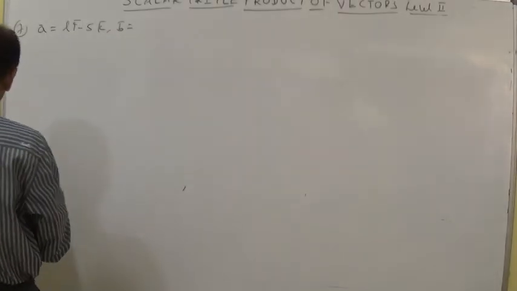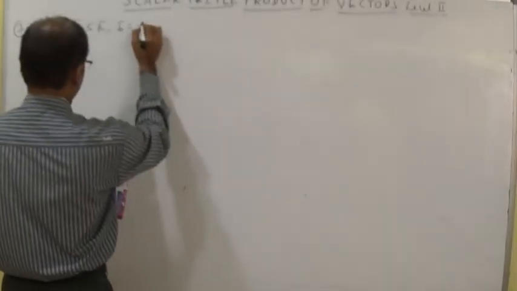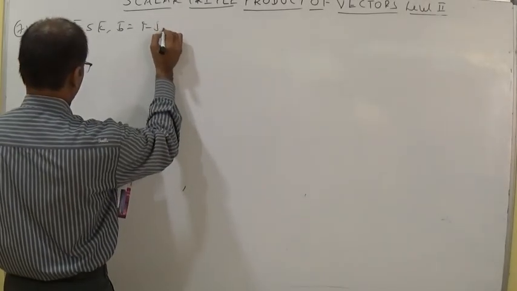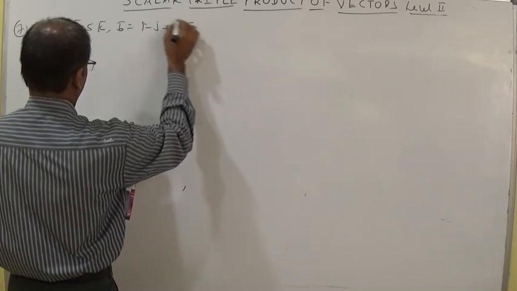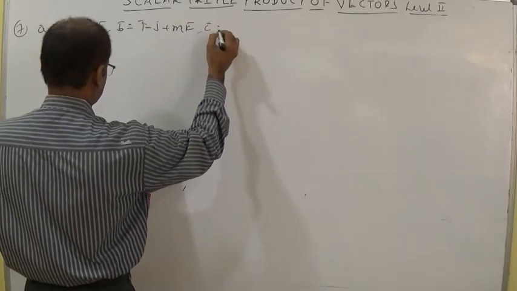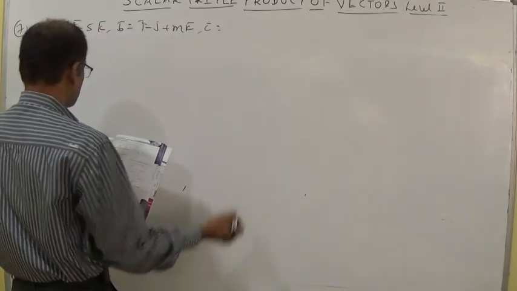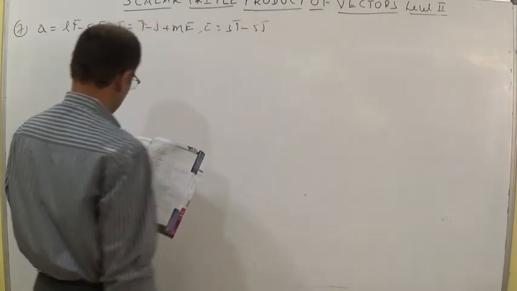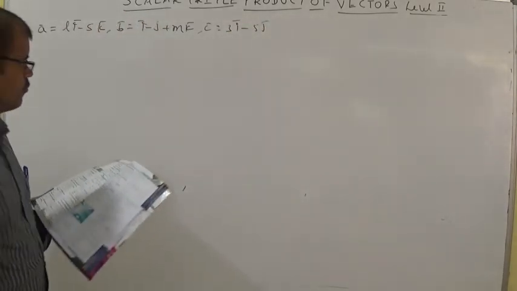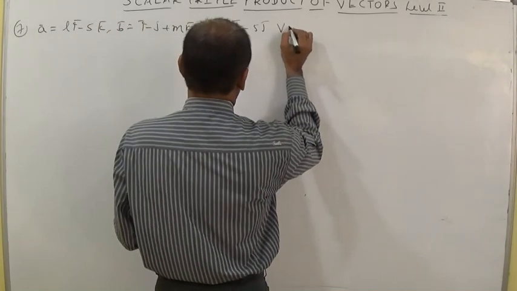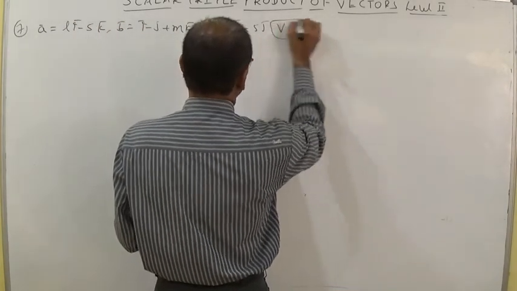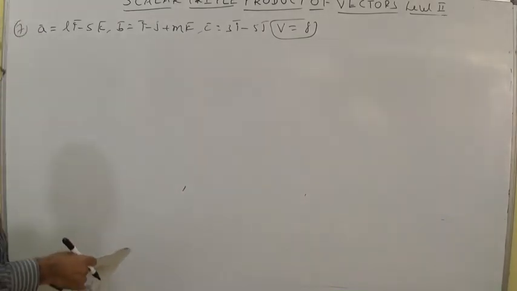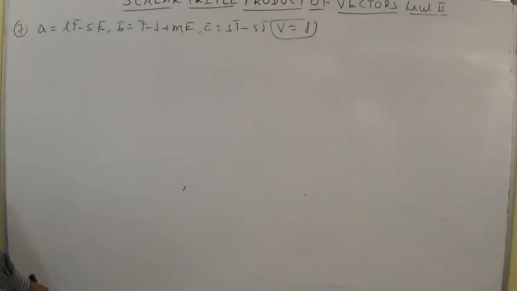B bar is equal to i minus j plus mk. Next C bar is equal to 3i minus 5j. The volume V is given as 8, and the relation between l and m, l and m are related according to the options.